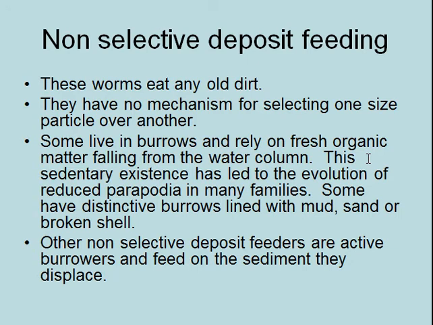So they eat any old dirt. No mechanism for selecting one size particle over another, which is non-selective deposit feeding. There might be selective deposit feeding, and we'll talk about that in a bit.